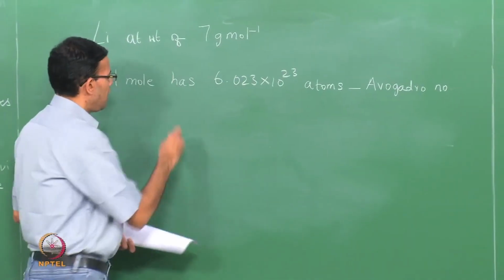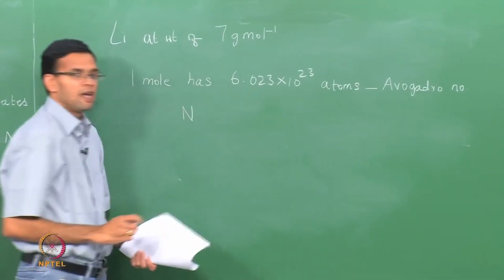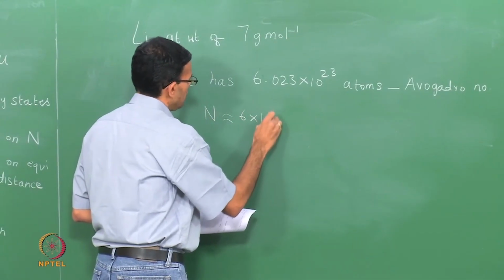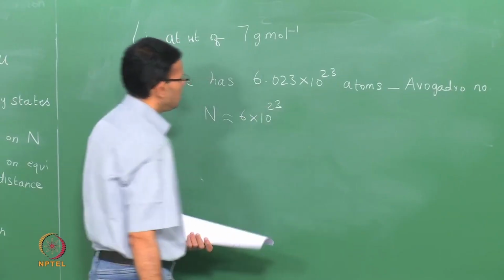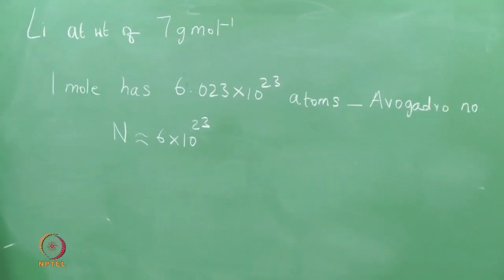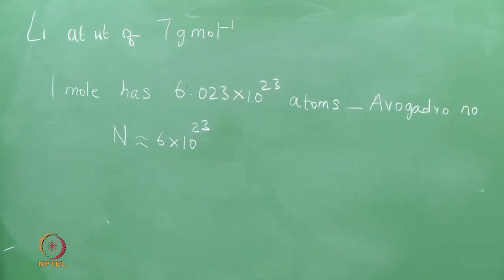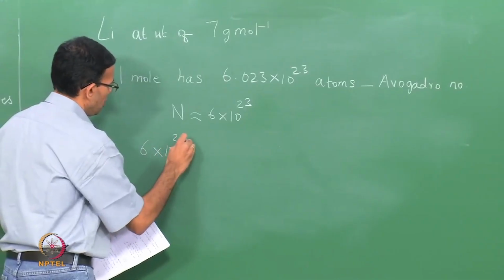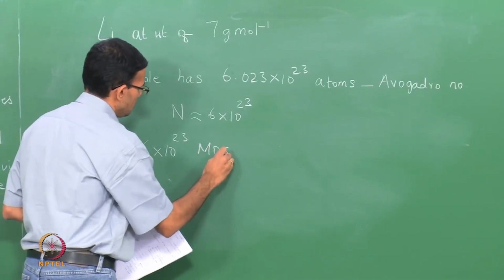So, your typical value of n, if you had 7 grams of material, is approximately 6 times 10 to the 23. So, if you have 6 times 10 to the 23 lithium atoms coming together to form a solid, you have 6 times 10 to the 23 molecular orbitals.